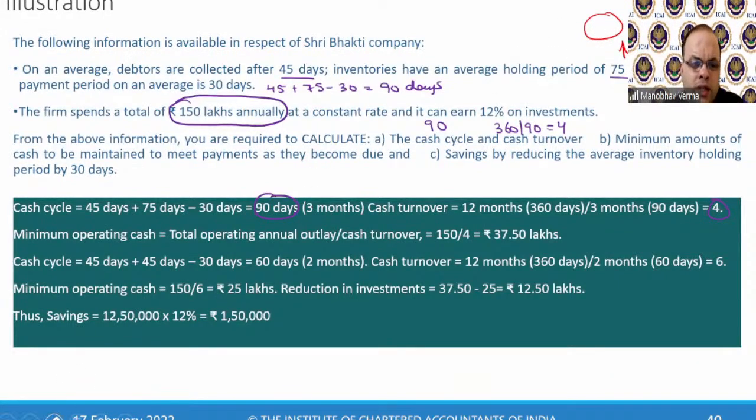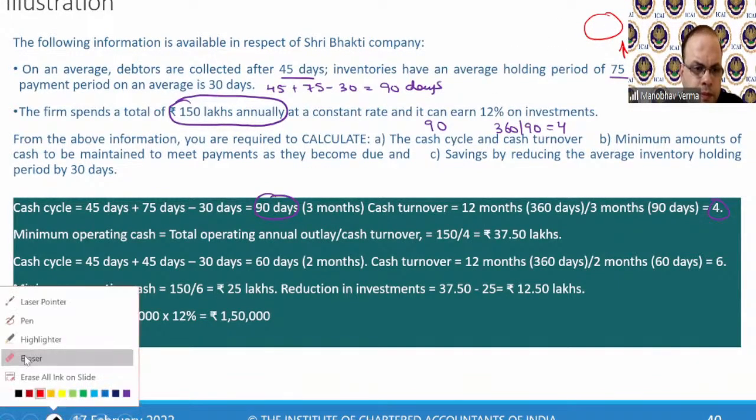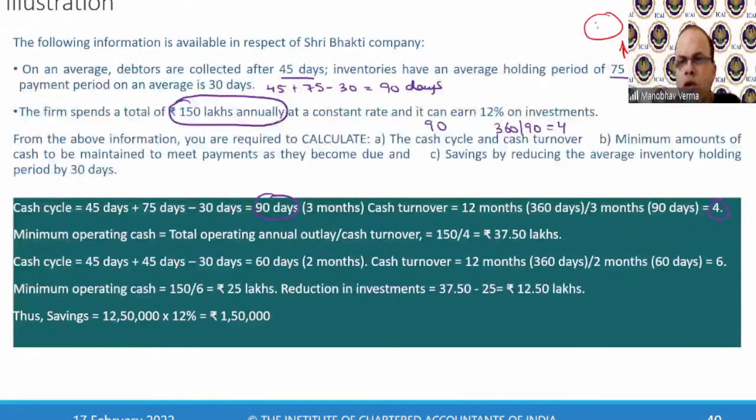So now my new cycle would be 45 plus 45 minus 30, so we are looking at a 60-day cycle.